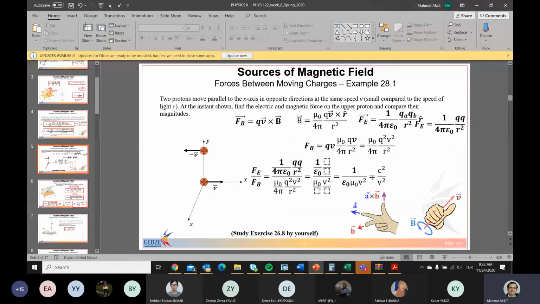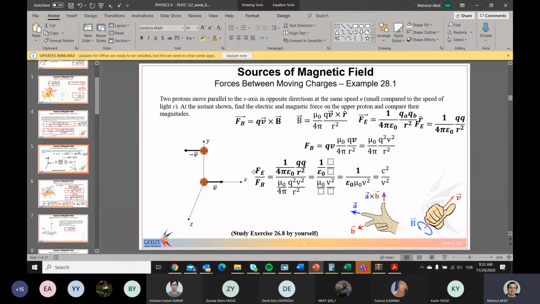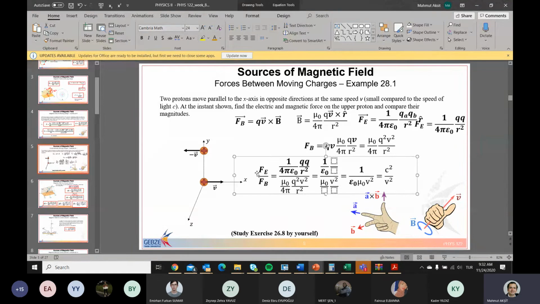So you end up having the ratio of electric force to magnetic force is c square over v square. Since V is small compared to the speed of light, the electric force is much larger than the magnetic force. And that's typically the case in the universe. Electric forces are much stronger than the magnetic forces.